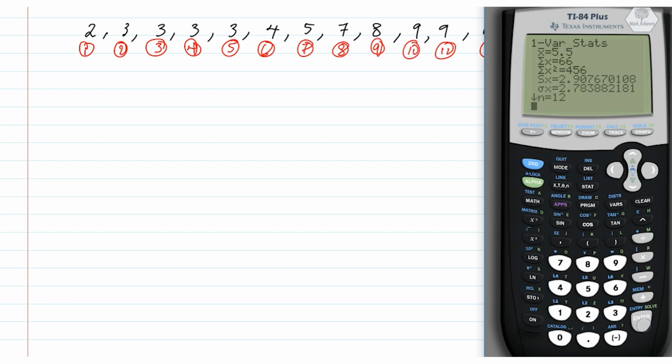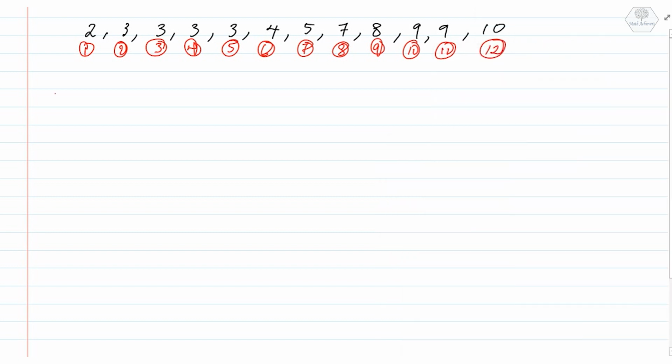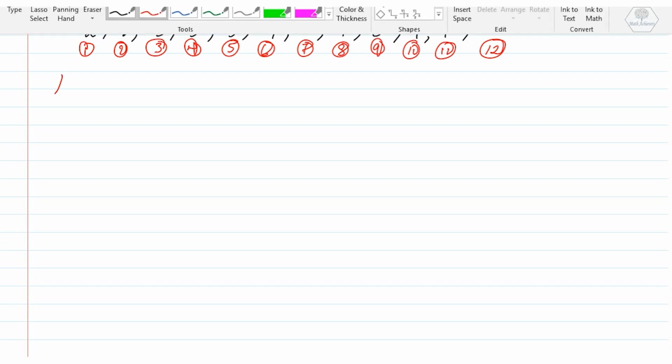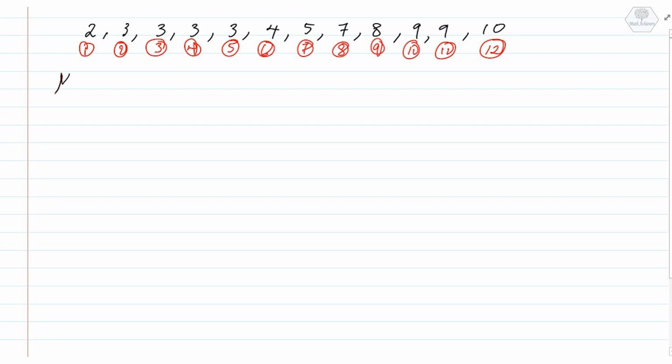And I press enter again. So I have an x bar, which is the mean, which is 5.5. So now I know my mean, x bar is equal to 5.5.